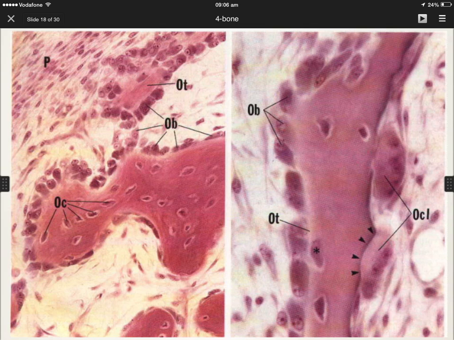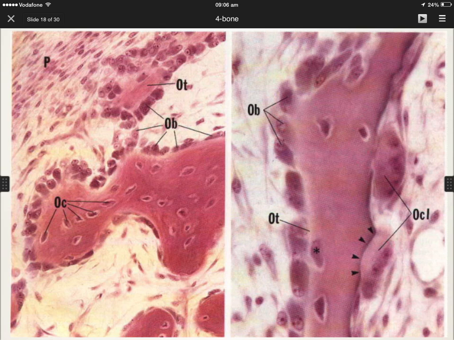The osteoclasts are responsible for bone resorption by secretion of carbonic anhydrase enzyme, and this carbonic anhydrase will form carbonic acid that will dissociate to give hydrogen ions. The hydrogen ions will dissolve the calcium. Not only that, but they also secrete lysosomal enzymes, which will cause the lysis of the organic part of the matrix.